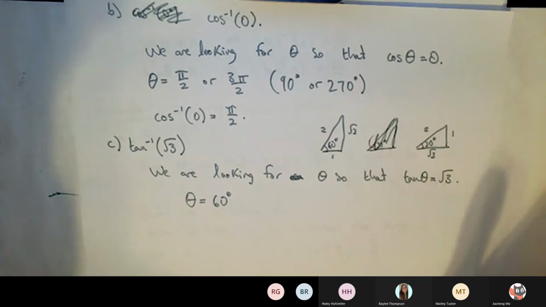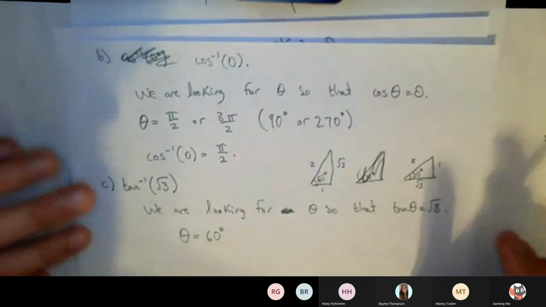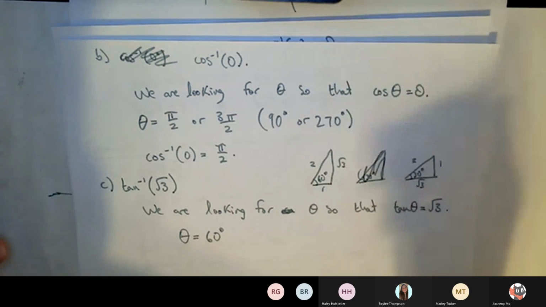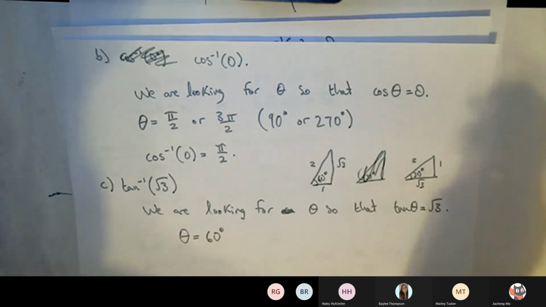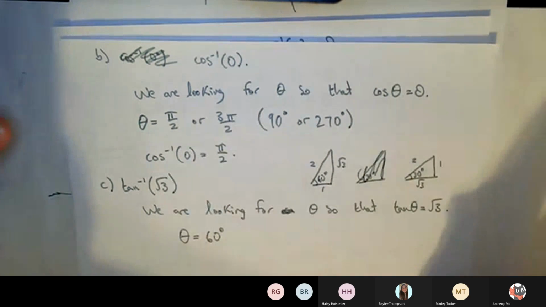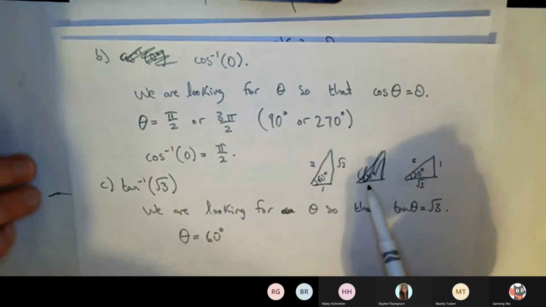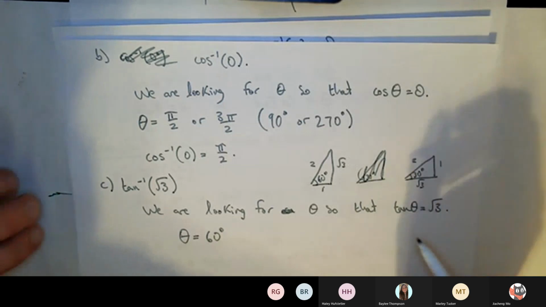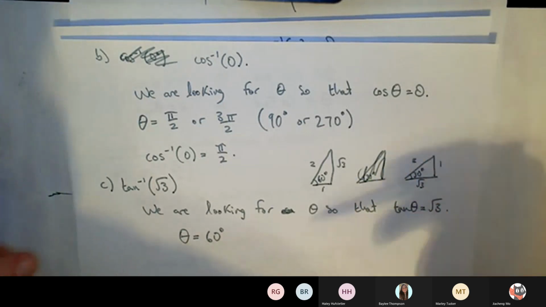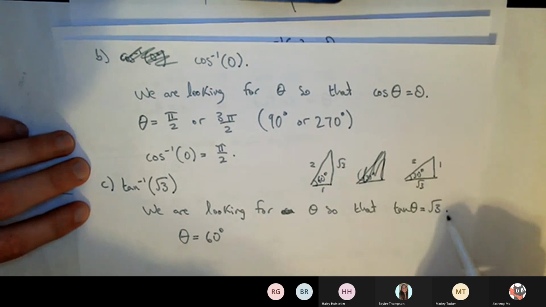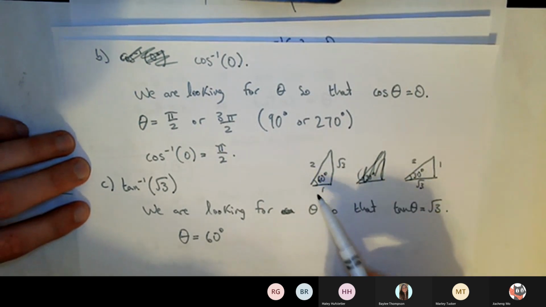So you've got to know these special triangles and the ratios of the sides, and be able to recognize them. If you see a square root of 3, immediately you're thinking 30, 60, 90 triangle. Just plop one down, see if the ratio of sides is right. If it's not, then write down the other orientation of the 30, 60, 90. Make sure you've got your ratio of sides right. I've got my square root of 3 over 1, giving me square root of 3, so I know it's this angle.